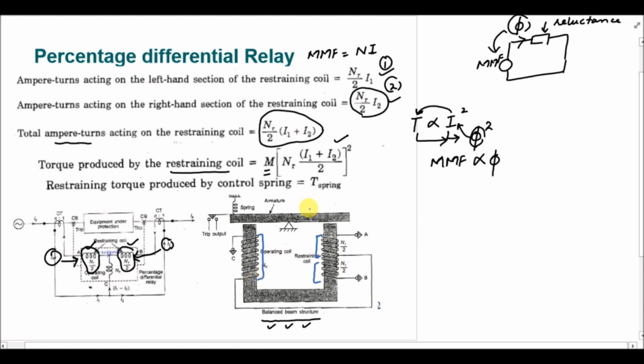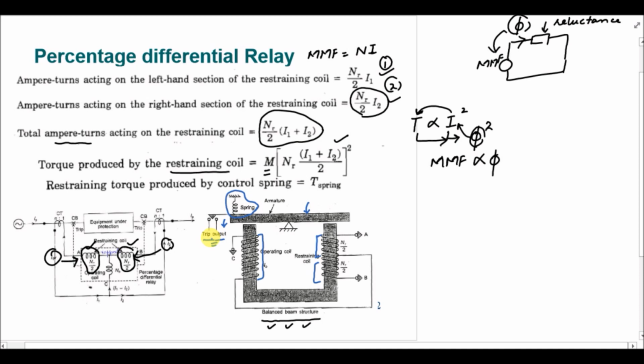And this beam is supported by a spring. So whenever the spill current is more than the plug setting of the overcurrent relay, then this beam will move downward, and we will have a trip signal generated through this trip contact.